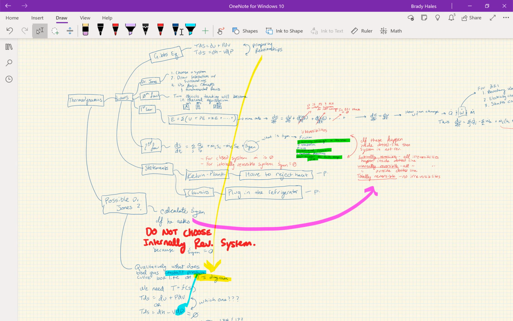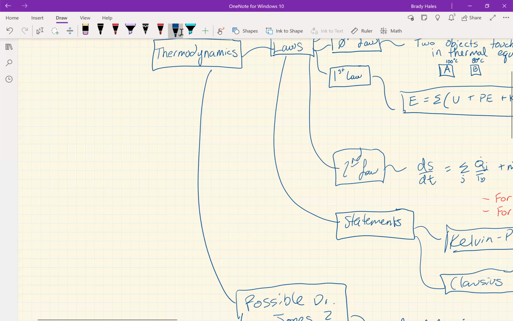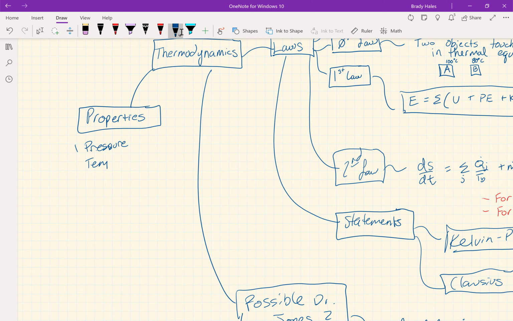Now we might go over thermodynamic property relationships here. At least for now, I'm going to have pressure, temperature, enthalpy, entropy, internal energy, specific volume.